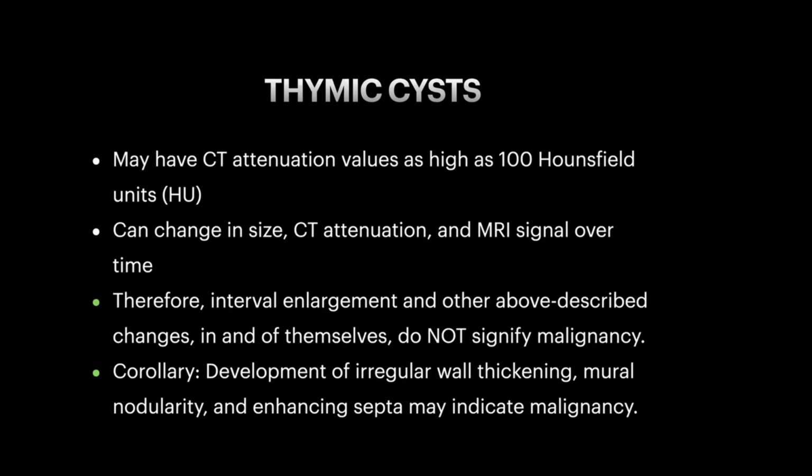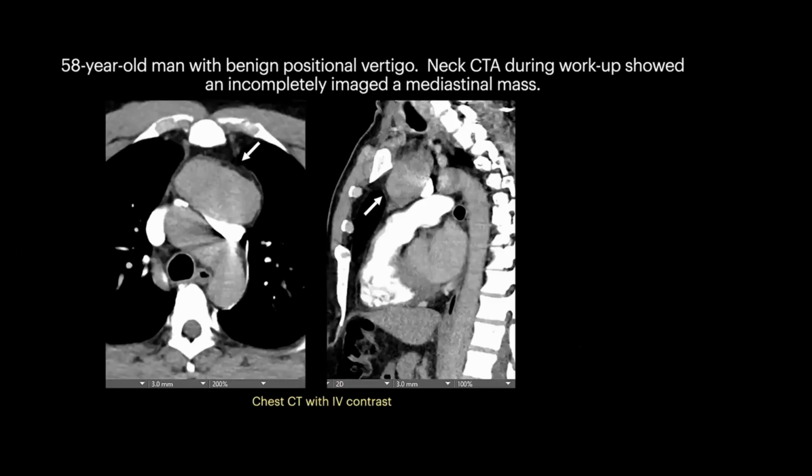Therefore, interval enlargement and/or other above described changes in and of themselves do not signify malignancy, but if we see development of irregular wall thickening, mural nodularity, and/or enhancing septa, it may indicate malignancy. It usually does.